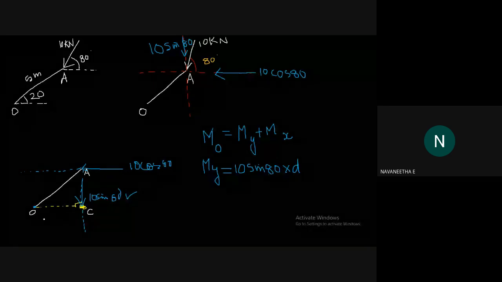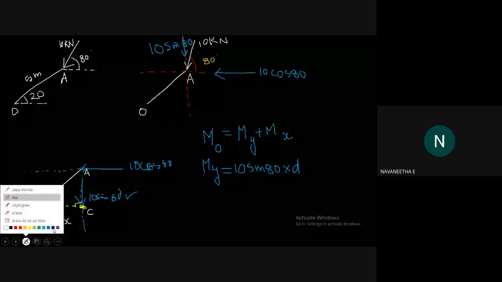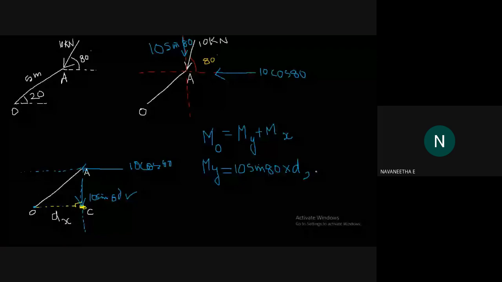I am writing OC as dx because OC is a horizontal distance. So here also I am giving the name dx. What is the value of dx here?